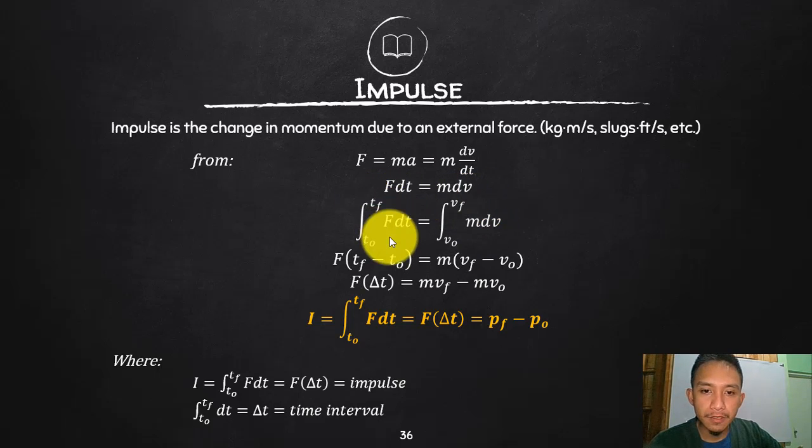So again, this will be your formula: the integral of F dt from t0 to tf. If F is a variable, then you need to include it in the integration, especially if your force is expressed in terms of time.